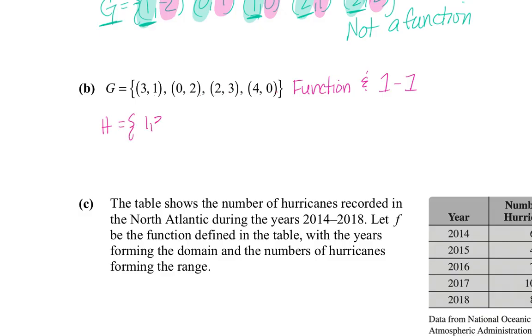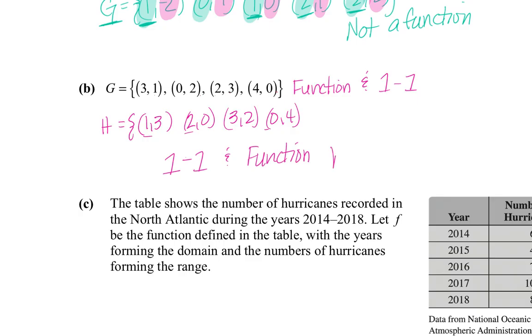So this is 1, 3, 2, 0, 3, 2, and 0, 4. And this one is also a function and 1 to 1. So therefore, 1 to 1 and function, so therefore it has an inverse.